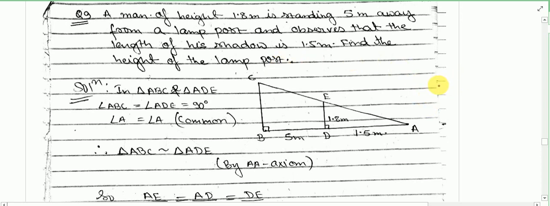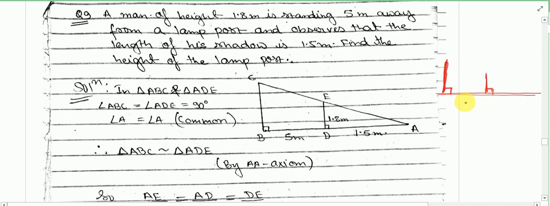Let's say this is the lamppost and this is the ground where the lamppost is standing. Obviously the lamppost will be straight, that means it will make 90 degree with this ground, this plane, and you are standing here. Even you will stand straight, so you are making 90 degree.